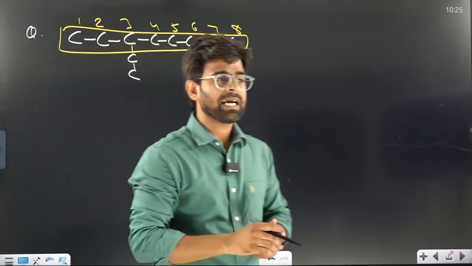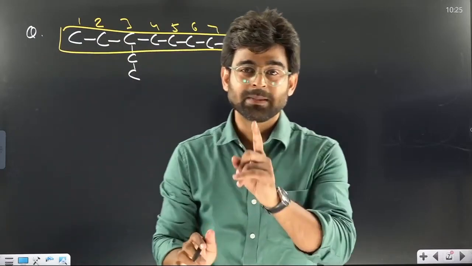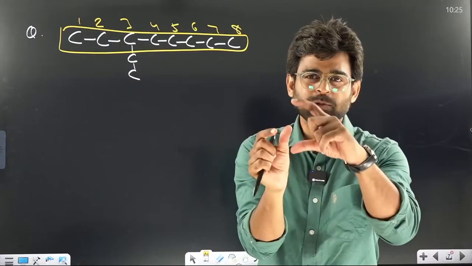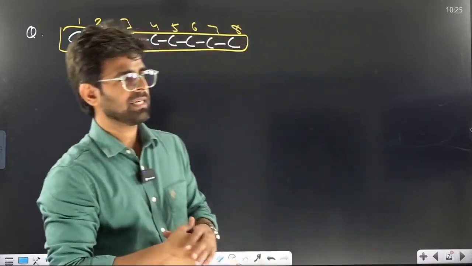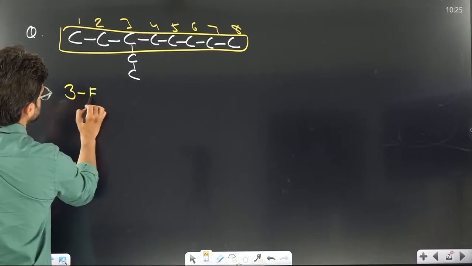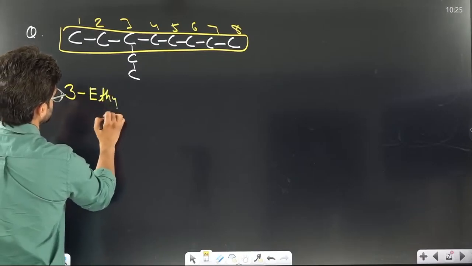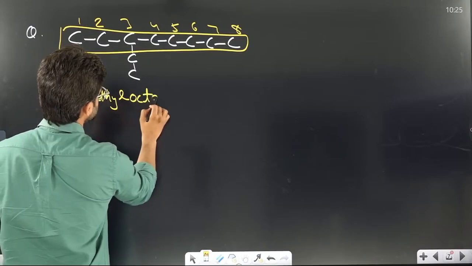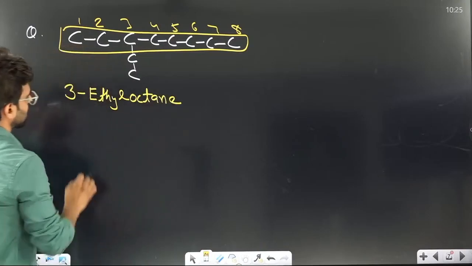Tell me its name. Exactly the same. The substituent is ethyl. Name is 3-ethyl octane. Very good. 8 carbons in the main chain, 3-ethyl octane.